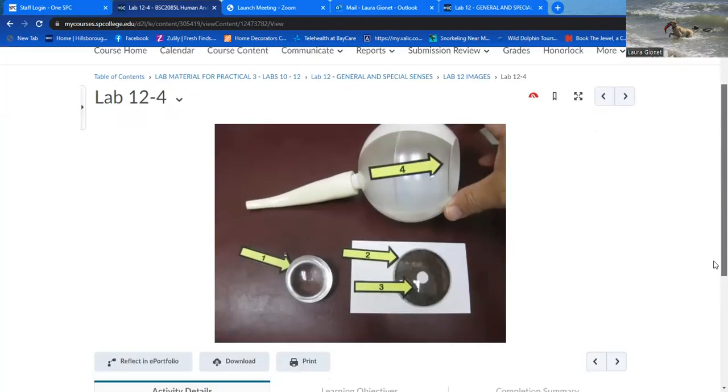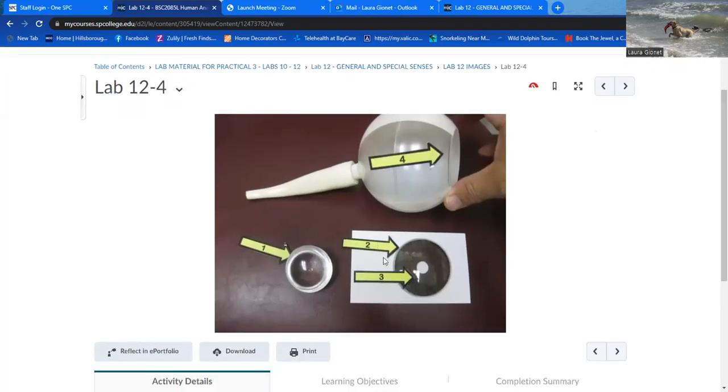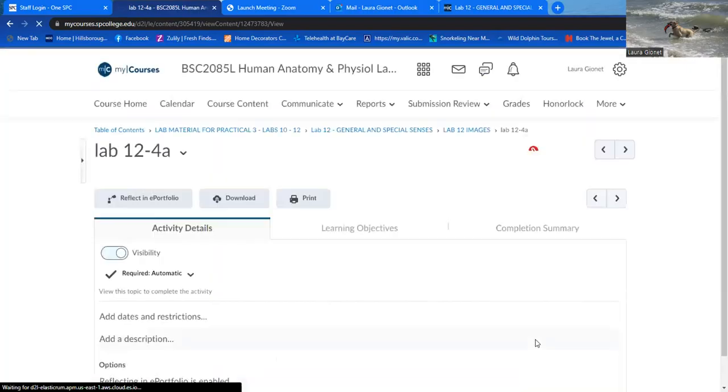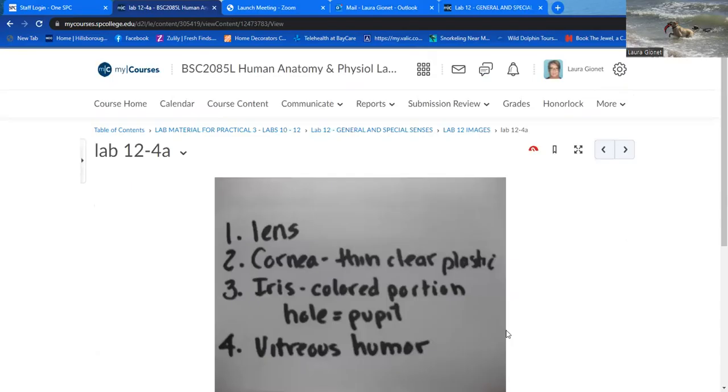Okay, then we have here 1, 2, 3, and 4. All right, 1 is the lens. 2 is pointing to the cornea, the thin clear plastic covering. 3 is pointing to, whoops, my phone, I didn't put it on mute. I'm so sorry. Let me swipe down. There we go. Sorry, let me mute that. All right, the iris is the colored portion.